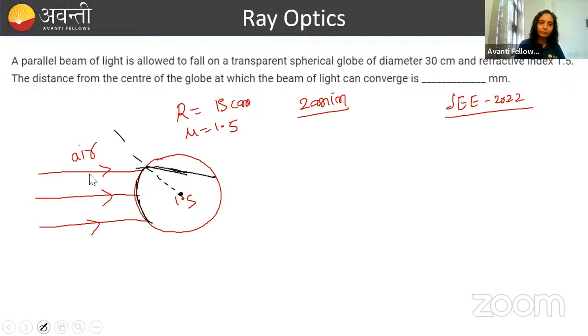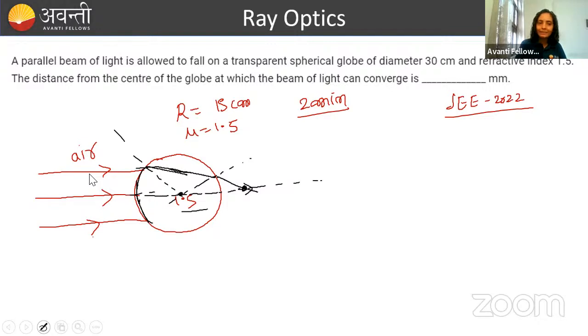Again, at this surface, again there will be media change, right? So here also draw the normal. What will happen? Light will bend away from the normal, है ना? क्योंकि light is traveling from denser to rarer media, so it will bend away. So it will go somewhere like this. If you allow a line to pass through its center, you can see here, light is converging at this point.